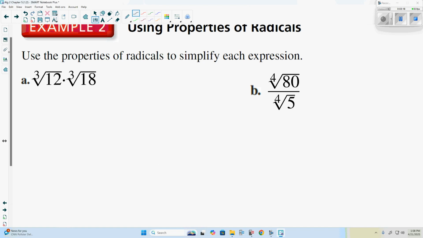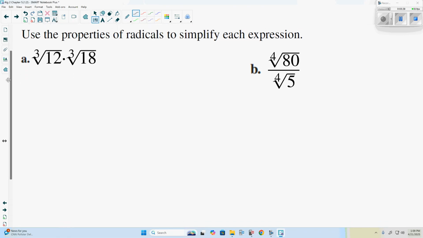A lot of what we're doing in the rest of this unit is simplifying these radicals so that they are in simplest form or a little bit nicer to work with. Now some, like the first few here, we could type into the calculator and it would tell us the answer. But with non-square roots, so these cubed roots, 4th roots, 5th roots going up, if it does not simplify completely, it's going to give you a decimal answer.